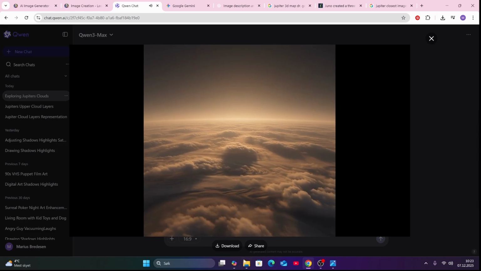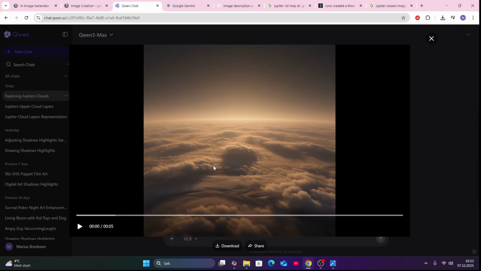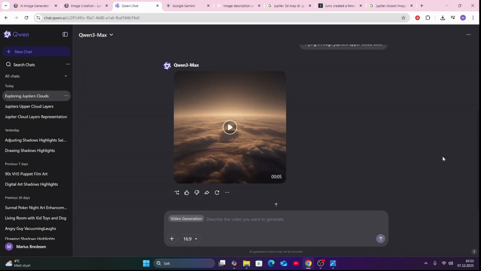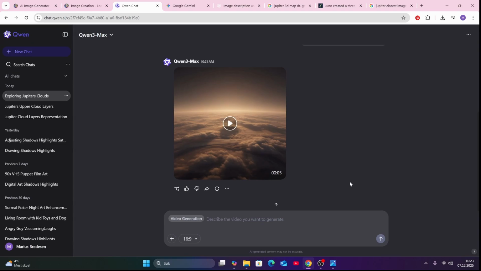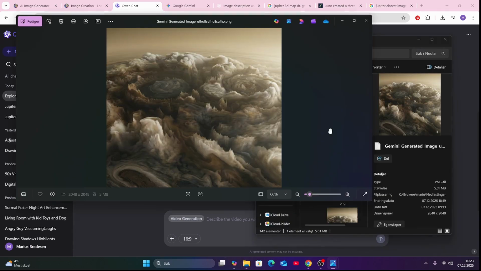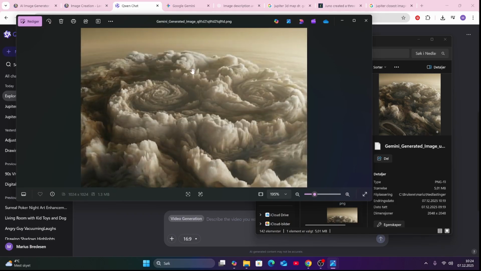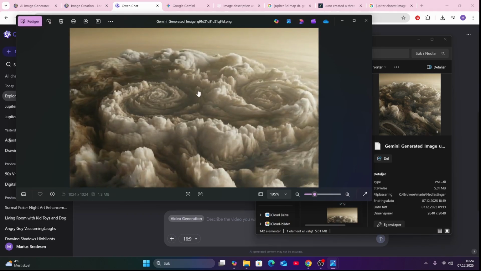Well, Qwen has a pretty decent understanding of what the physics should kind of be like. But I don't know, imagining something like this with the help of AI, we don't really know what it should look like. Maybe this one could actually work.